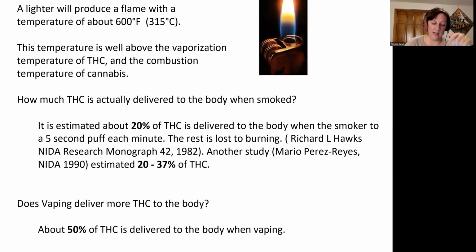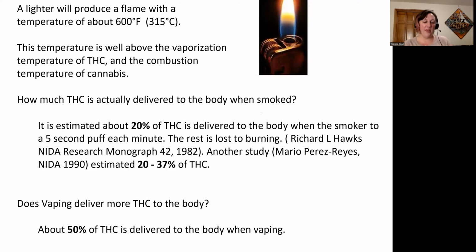Here's another interesting one: if the smoke and the vapor from the combustion reaction is drawn through a sample of flower through water, so using a bong, then we actually decrease the THC available to the user, down to like 10 to 15% making it into the bloodstream, which is super interesting.